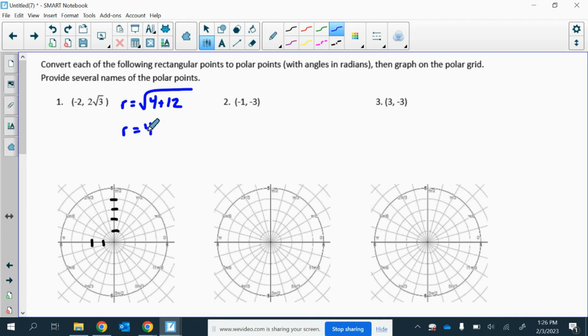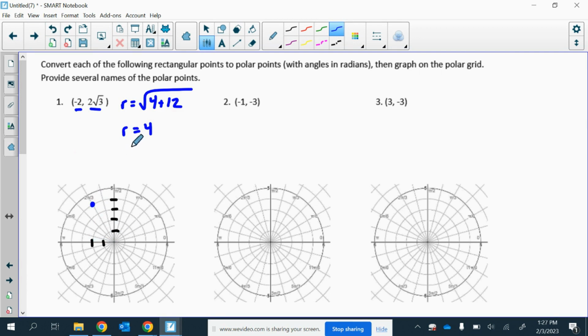Well, that actually makes some sense, and it hopefully should make some sense because we should know that this is a 30, 60, 90 triangle, right? So if my x is 2 and my y is 2 root 3, I should end up with a radius of 4. That's just something that I probably should know by now, knowing 30, 60, 90 triangles.